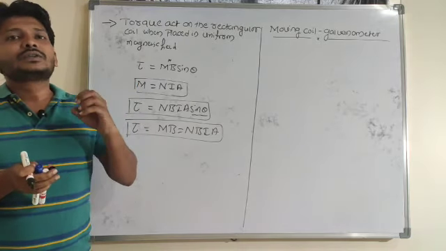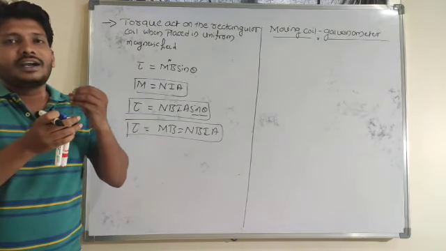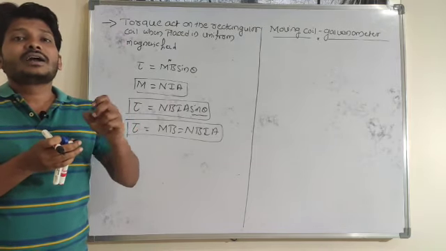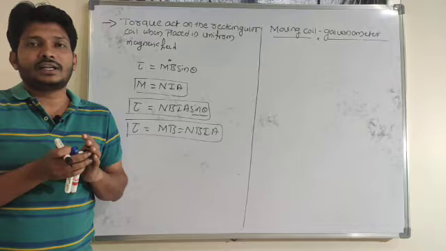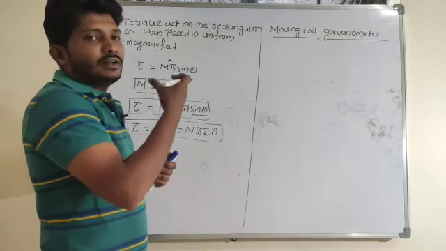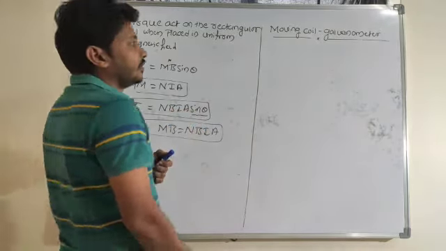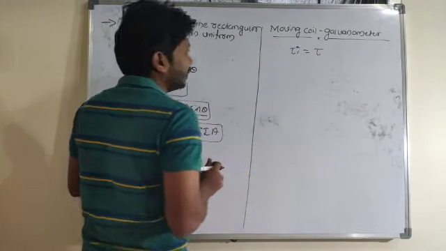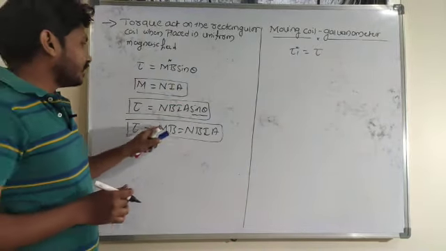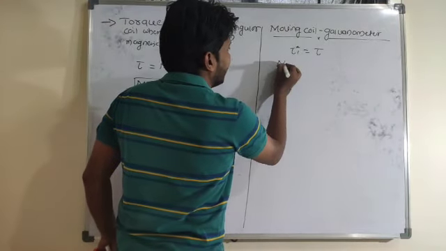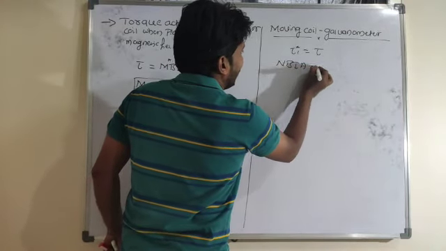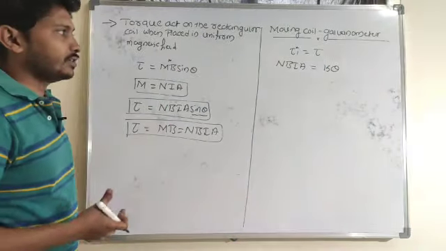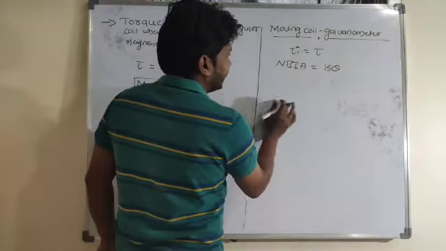Whenever current is flowing through the rectangular coil, it will get tilted. So current is directly proportional to theta. From this equation, whenever current is flowing in the rectangular coil, restoring torque is equal to deflecting torque. Deflecting torque is NBIA and restoring torque is equal to k theta.